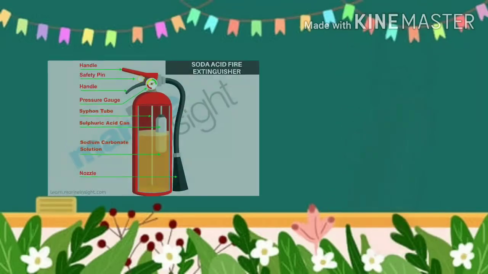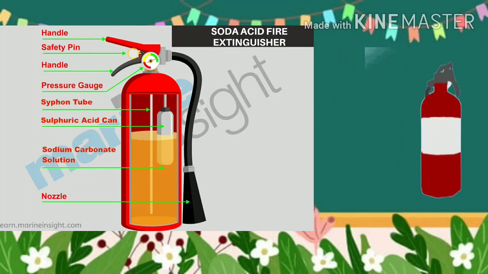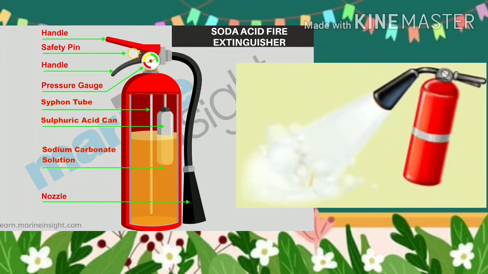A fire extinguisher is a metal cylinder with a nozzle. Inside the cylinder are chambers. There is a sulfuric acid chamber which is called inner chamber. You can see it in the picture shown to you. And a base, sodium carbonate, is present in the outer chamber.